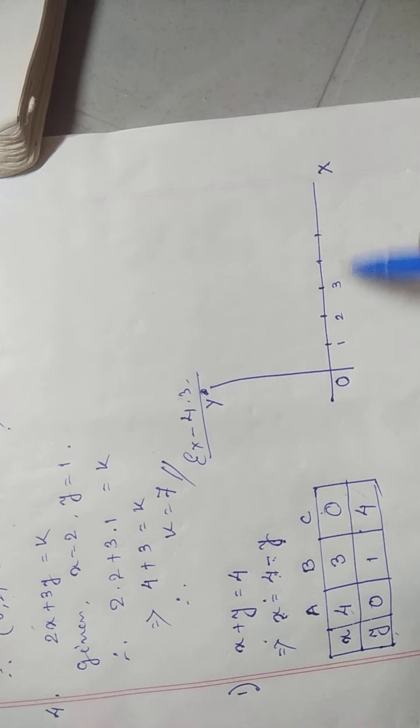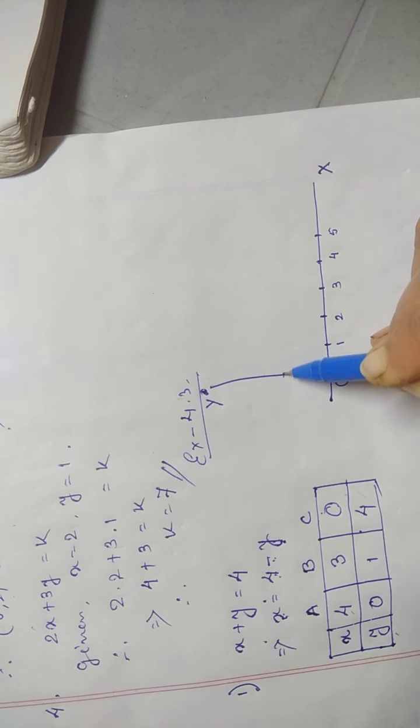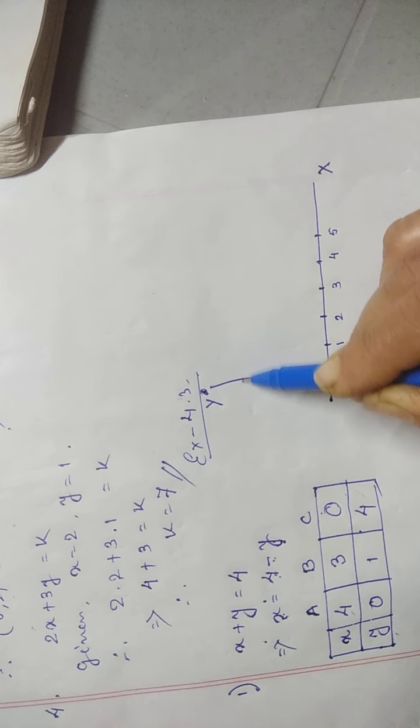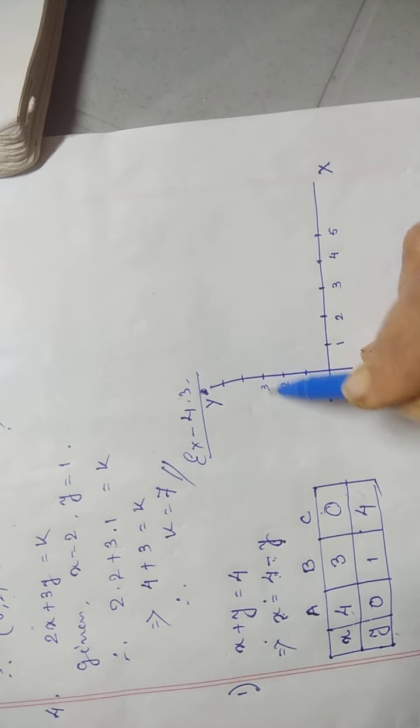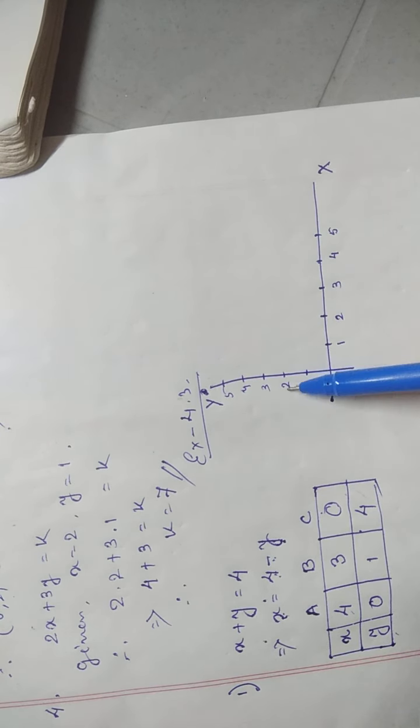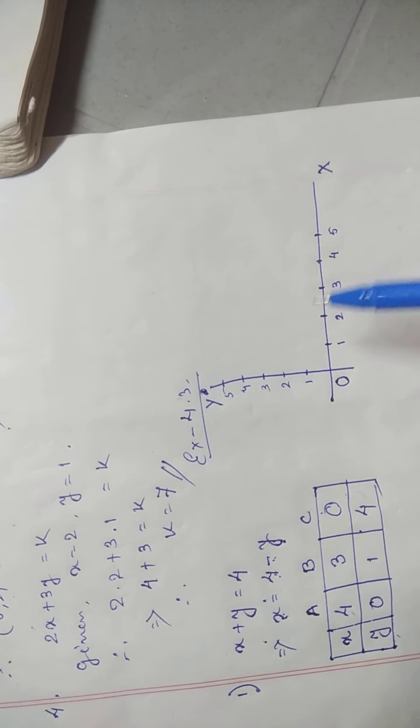One, two, three, 4, 5. This side also, one, two, three, 4, 5. See, why am I giving only this one? Because this is not a Cartesian plane. If you draw this as graph paper, then you draw the intersecting line, that is x dash, and this side is y dash.